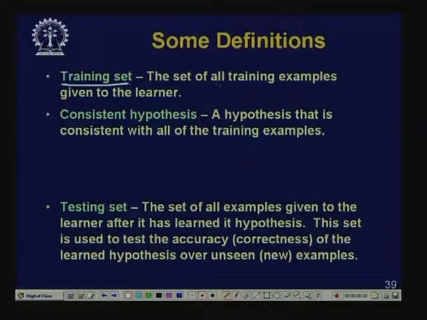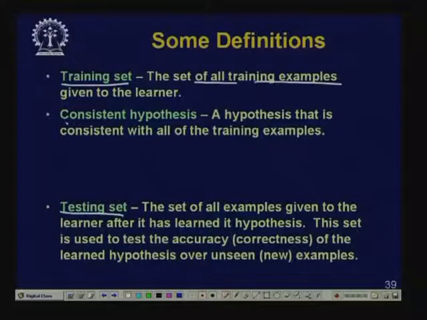The testing set is the set of examples on which the learner tests his hypothesis. On the basis of the training set, the learner will learn a hypothesis, and the learner will try to evaluate how good the hypothesis is by looking at another set of examples, which is called the test set.